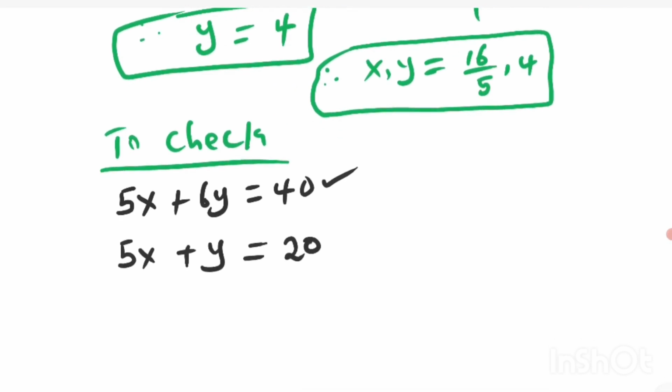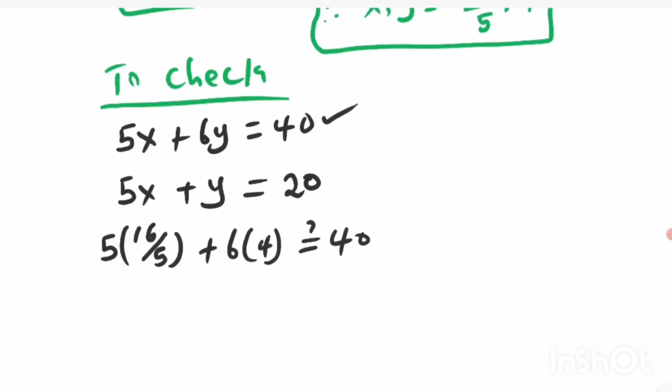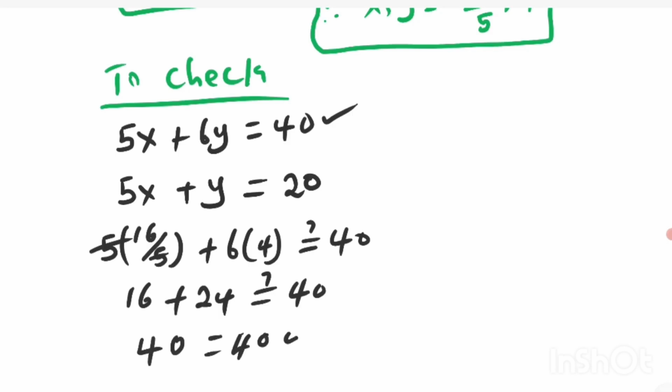And this is 5(x is 16 over 5) plus 6(4) must be equal to 40. Then this cancels this. We have 16 plus 6 times 4, that is 24, must be equal to 40. And 16 plus 24, this is 40, is equal to 40, which is true.